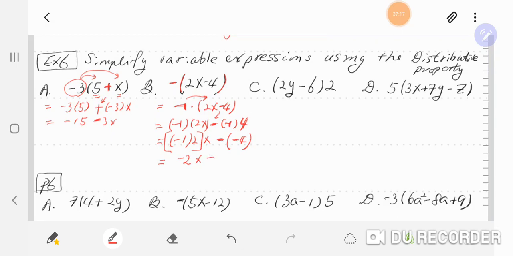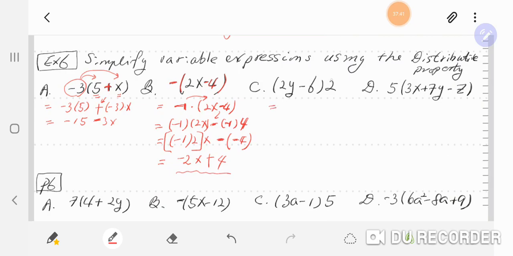Positive. So positive means plus 4, right? So we can do a mental math. What do we do? Multiply 2x by negative, which is negative 2x. And next one is multiply negative 4 by negative. So that's positive 4, right? You don't have to do all these steps.